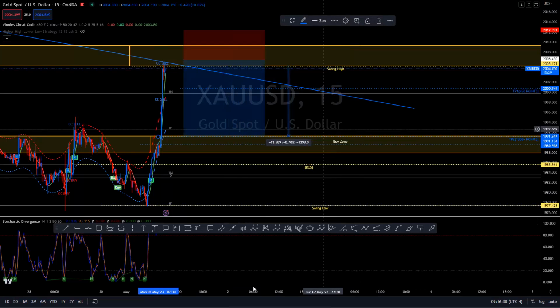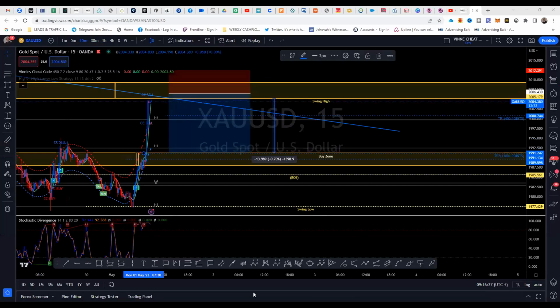So what we're going to do is set my alerts, and then we'll wait for the 9:30 candle, and then we'll look at price action and see if we can get ourselves a good entry there. Be right back.